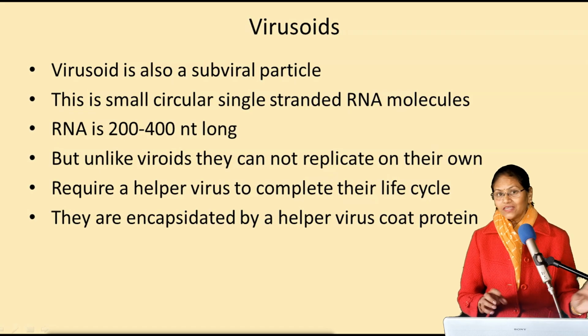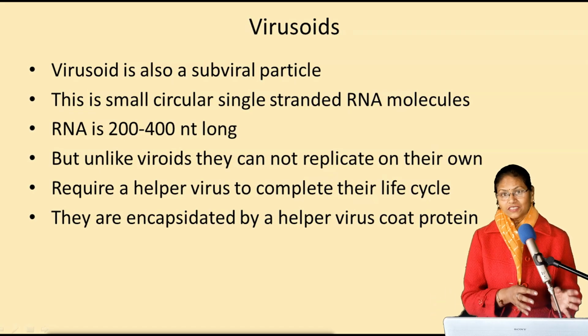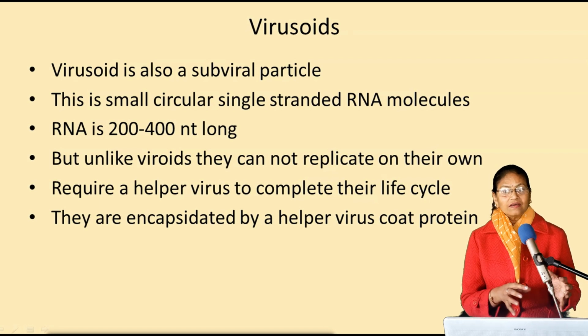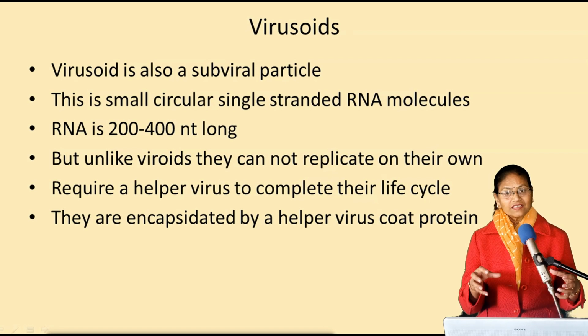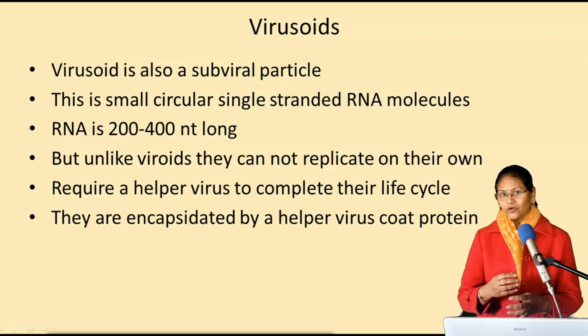So in viroid there was no coat protein, and it was just a naked RNA molecule. And that was why it survived as naked RNA. It was because it made a very stable structure, because it was enfolding.